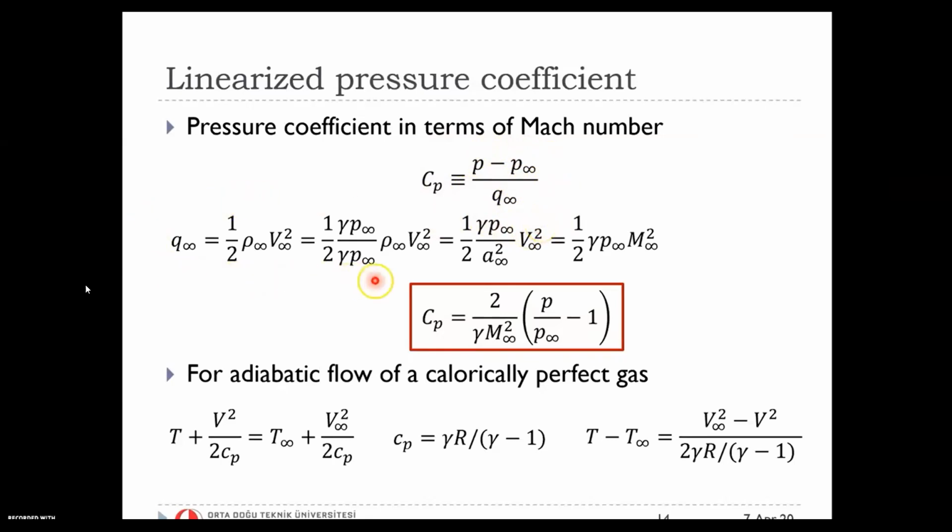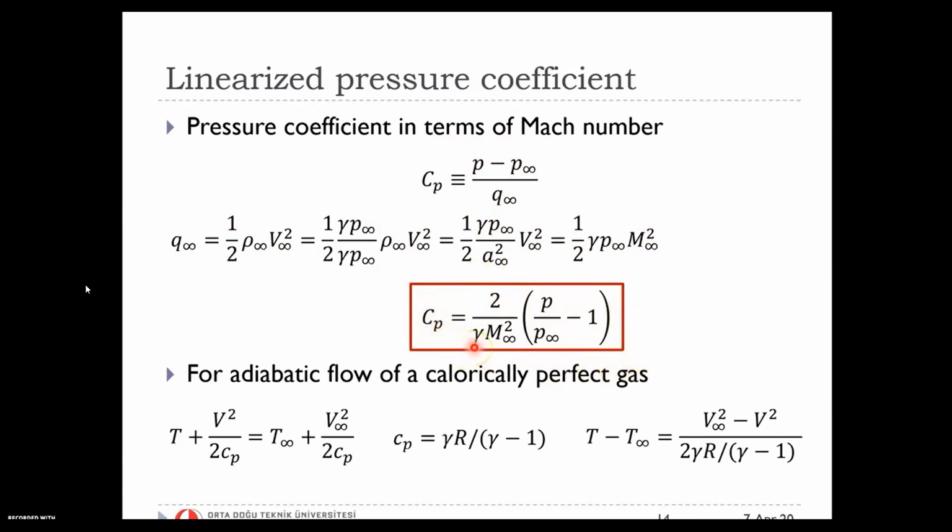The dynamic pressure can be represented in terms of Mach number by using the definition of the speed of sound. Once it's represented in this way, this dynamic pressure definition can be plugged into the static pressure equation here, and the resultant equation is the one shown in the red rectangle.